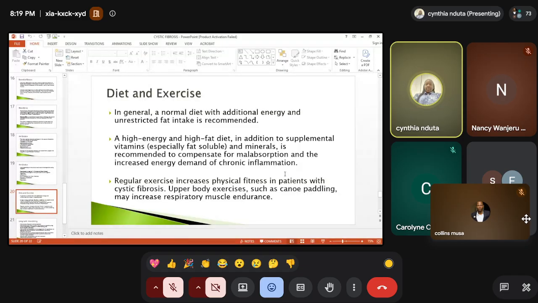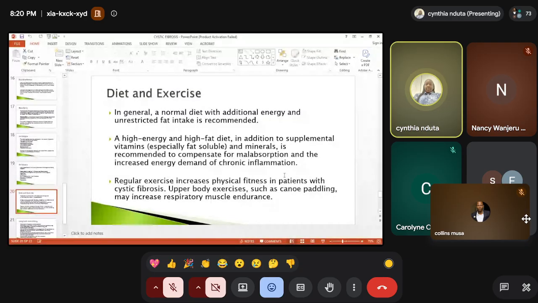So on top of that, we still need a proper diet for these patients. However, they need more energy intake. So they actually need a high energy and a high fat diet, as well as the vitamins. So why are we doing this?